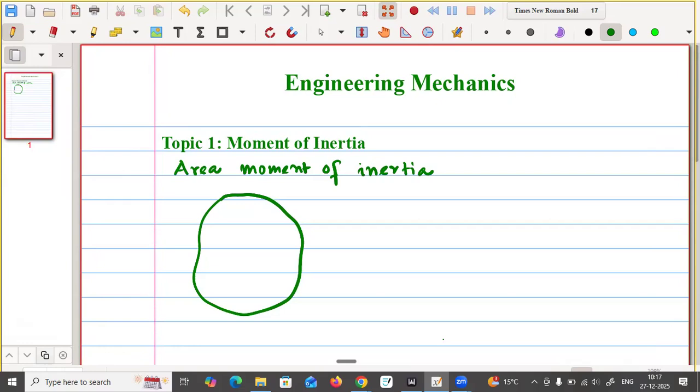How the load is distributed on the area, or about that area, is our concern. So we have to understand the distribution of area about a particular axis passing through a particular point.